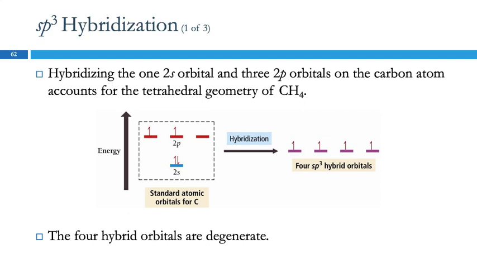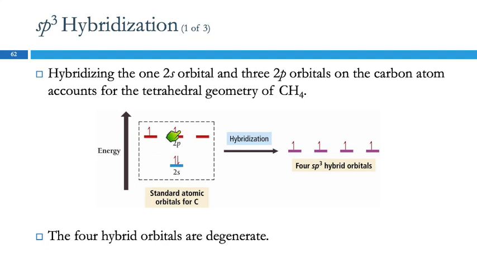So let's look at what would happen if we take one s orbital and 3 p orbitals and put them together. It's kind of an average, right? So here is carbon. Its valence electrons are in the second level, and so we have a lone pair in 2s, and we have 2 electrons that are unpaired up in the 2p.